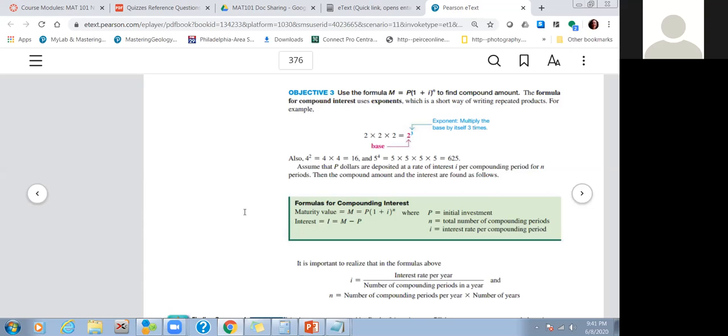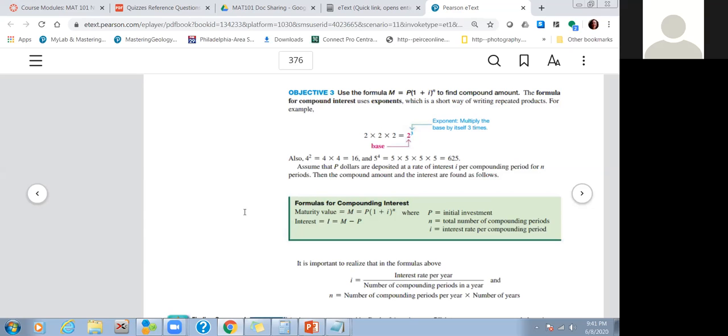The first two examples in this section, chapter 10, section 1, actually have you do it by hand instead of using this formula. This is a nice way to link the concepts of chapter 9 and chapter 10: you look at each compounding period and the rate in that period, and you do a little computation and you add it in and get your new principal for the next period going forward.